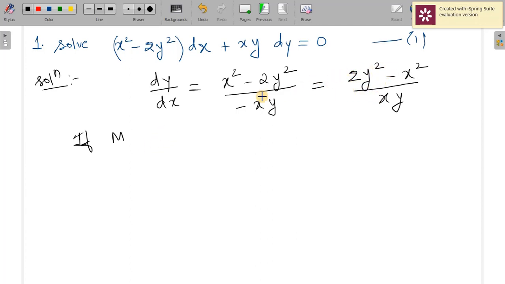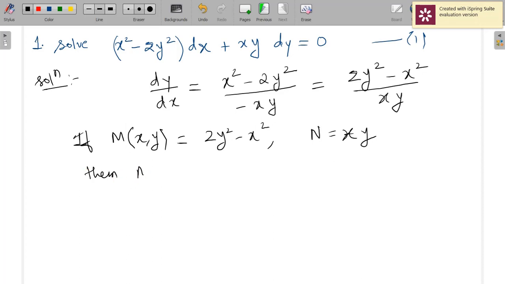If I call M as 2y² − x² and N as xy, first I check M of tx, ty, which is 2 into replace y by ty and x by tx.